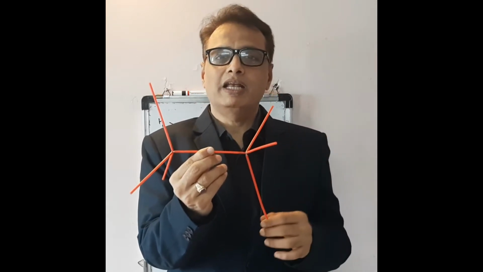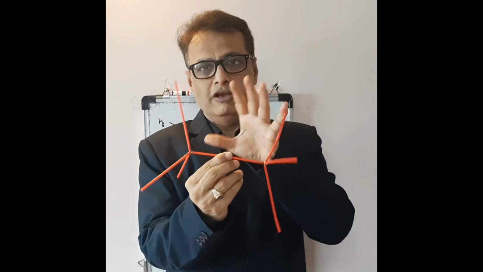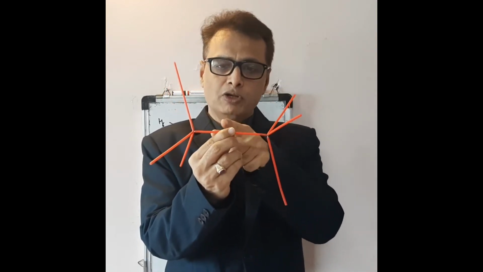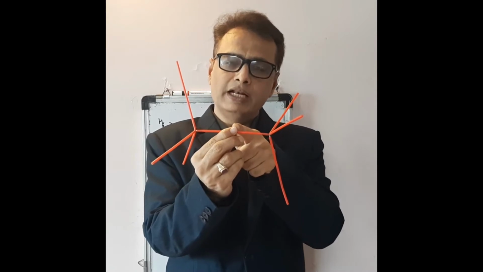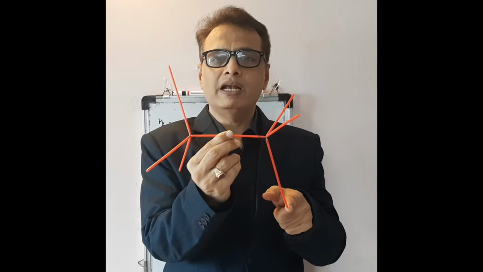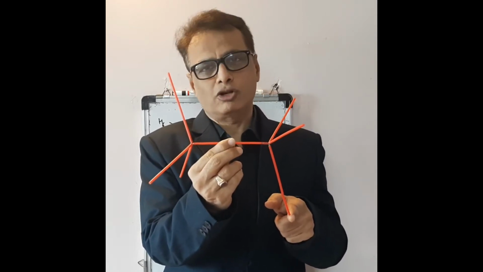So center of symmetry is defined as: if in a molecule, a straight line drawn from every atom through the center of the molecule and continued in the same direction encounters an equivalent atom at equal distance, then the molecule is said to have center of symmetry.